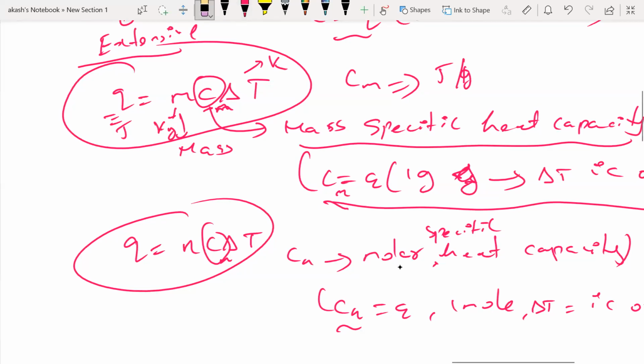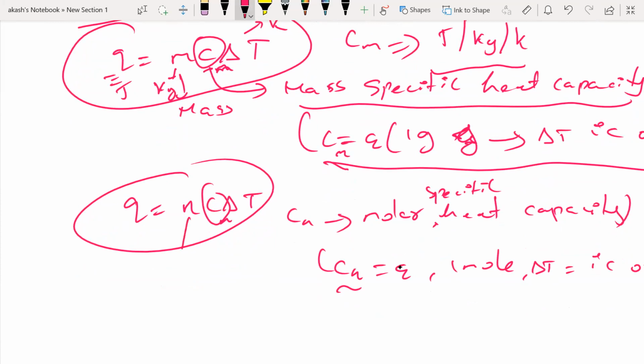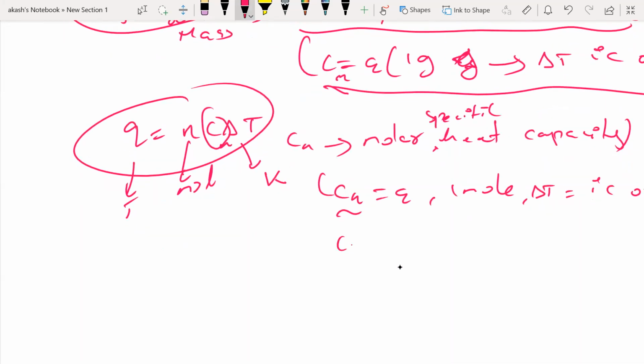So we can write the unit of Cm, the mass heat capacity, as joule per kg per Kelvin. And in this case, if you check, this is moles, this is joules, and this is Kelvin. So Cn will have a unit of joule per mole per Kelvin. That is the unit of Cn, the molar heat capacity.